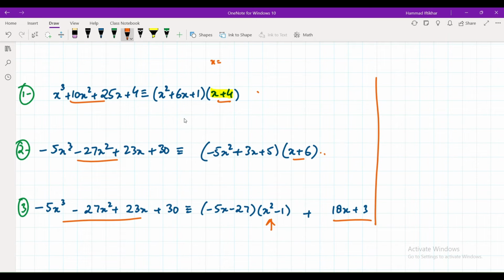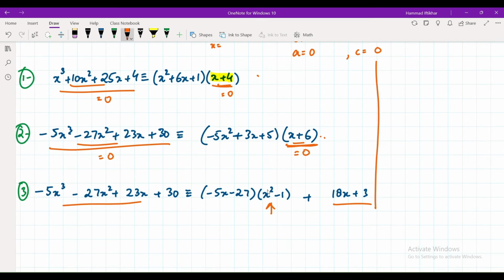Sort of like if I have two numbers, a times by b equals to c, and if I make a equal to 0, that would mean that the c would also become equal to 0, correct? So if I'm able to make x plus 4 equal to 0, that would mean that this entire expression would go to 0. Similarly, if I make x plus 6 equal to 0, that would mean that this entire thing goes to 0.